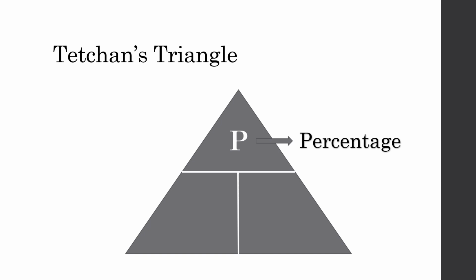On the lower left side of the triangle, nandoon yung base, letter B. So, yung base naman, yun yung kabuuan sa Tagalog, isang buo. On the lower right side of the triangle, nandun naman yung rate. Yung merong symbol ng percent.